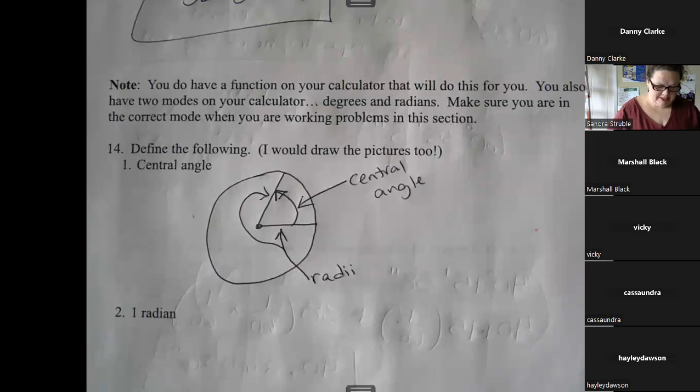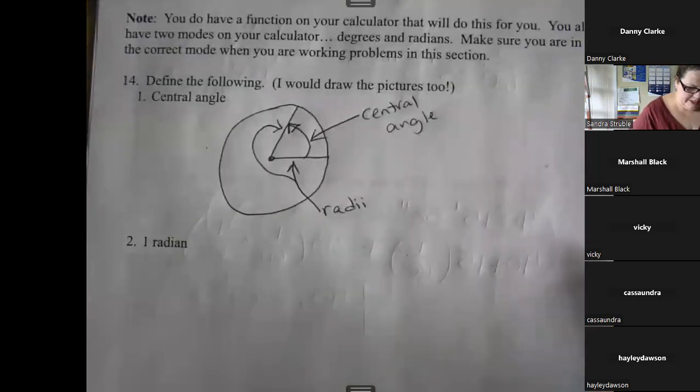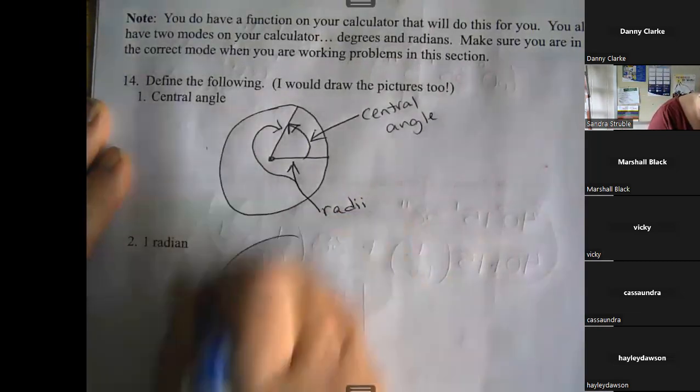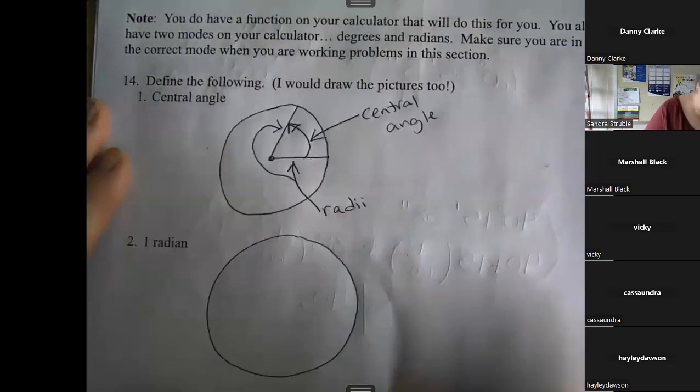What are we doing next? 1 radian. All right. Well, with 1 radian, we're now hitting a different level. A radian is just a measurement of the central angle. It talks about the arc length. I'm going to give you some information. Let me draw another quote unquote circle. Let me move this up.